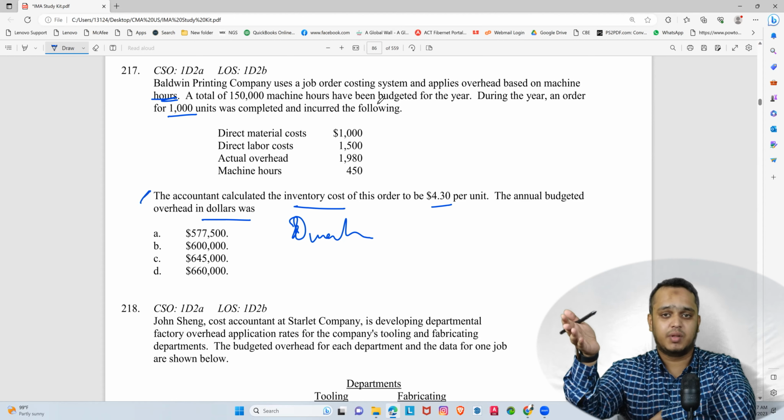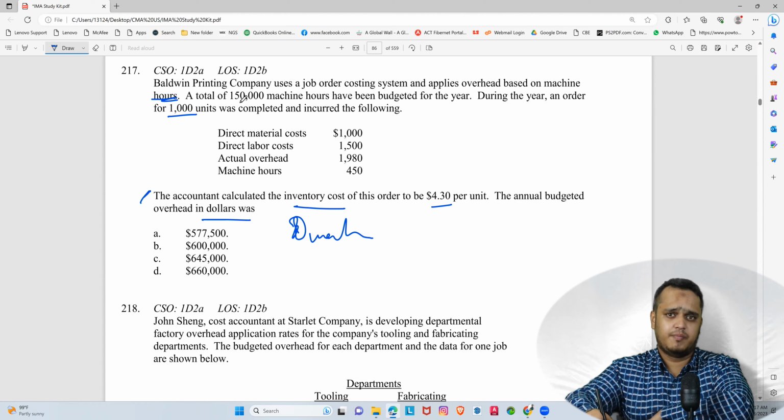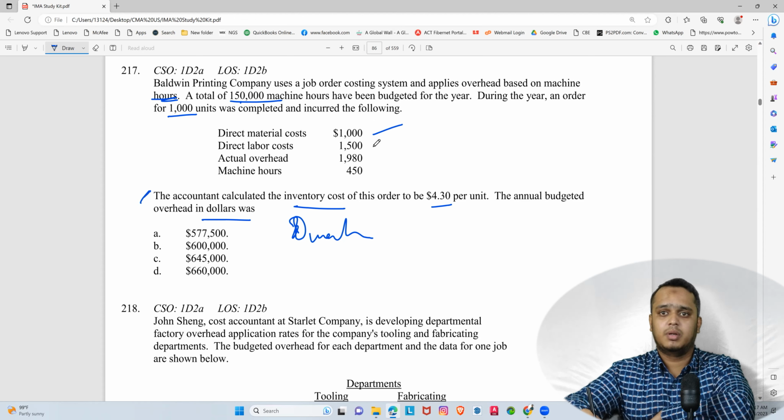You have been budgeted with 150,000 machine hours, and the direct material cost is 1,000. Direct labor cost is 1,500, the actual overhead is 1,980, and the machine hours levied on it are 450. Now he's asking only what is the overhead.